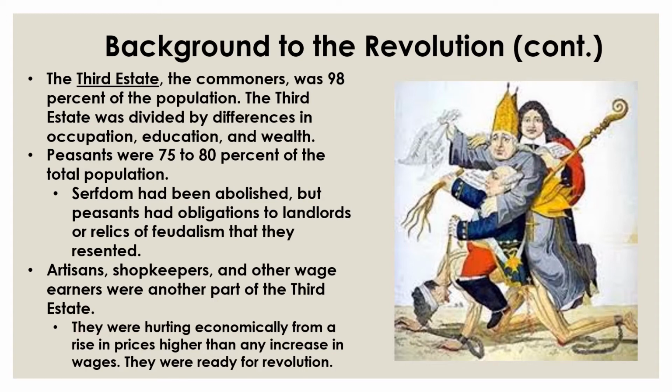So the breakdown of the third estate would be like this. Peasants were about 75 to 80% of the total population. And serfdom had been abolished, yes, but peasants still had obligations to landlords, or what we call relics of feudalism, that they resented, including paying most of the tax burden in France.